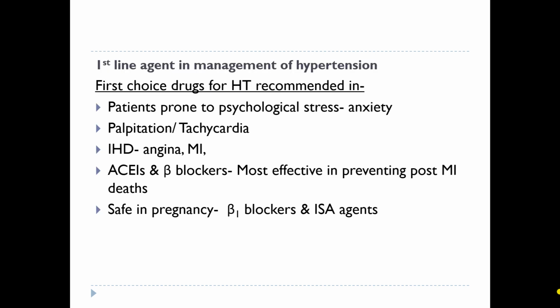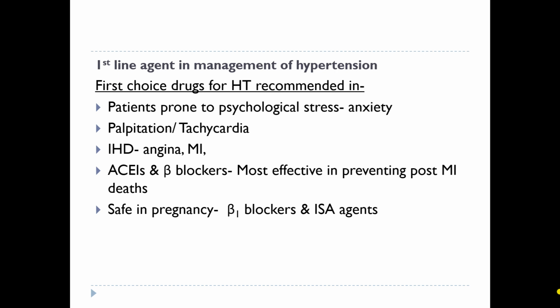Here I would like to emphasize that till the previous year beta blockers were first line therapy for the management of hypertension, but according to the recent JNC guidelines, beta blockers are now second line therapy for hypertension. They should be used as a first choice only if hypertension is with anxiety, palpitation, tachycardia, angina, MI, or pregnancy.